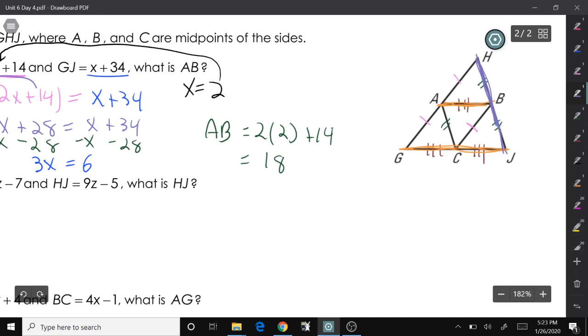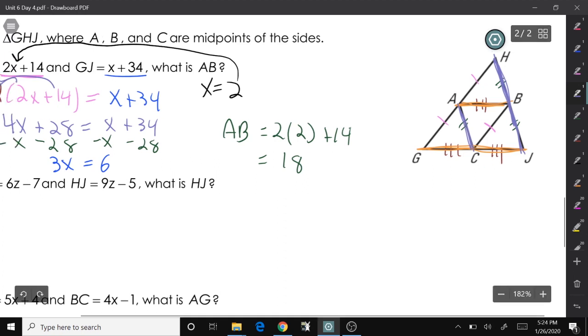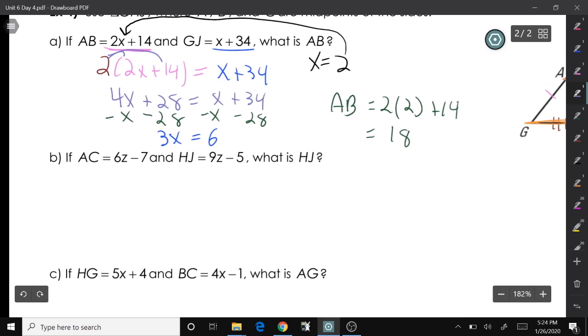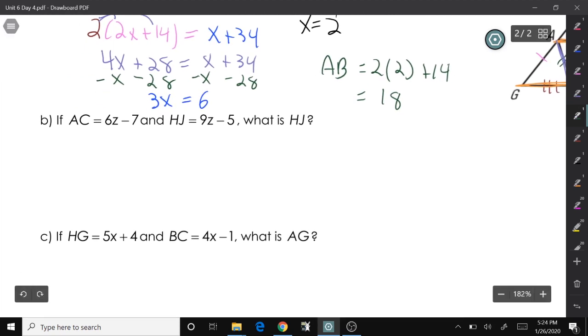This is HJ and this is AC, where AC is half the length of HJ, meaning if we multiply AC by 2, it will give us the same length as HJ. So let's do that. 2 times 6z minus 7 equals 9z minus 5.